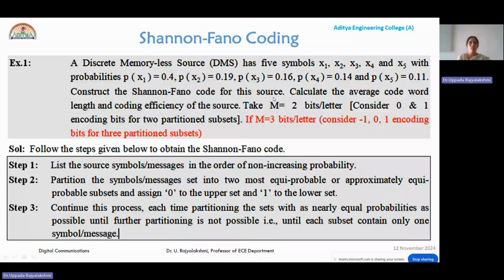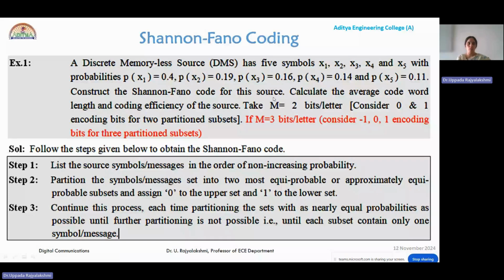Coming to the process of the Shannon-Fano coding procedure, in step 1, first we list all the source symbols or messages in the order of non-increasing probabilities. Here, if you observe, all the probabilities are already in non-increasing order. The question itself gives them in decreasing order, so there is no need to rearrange.